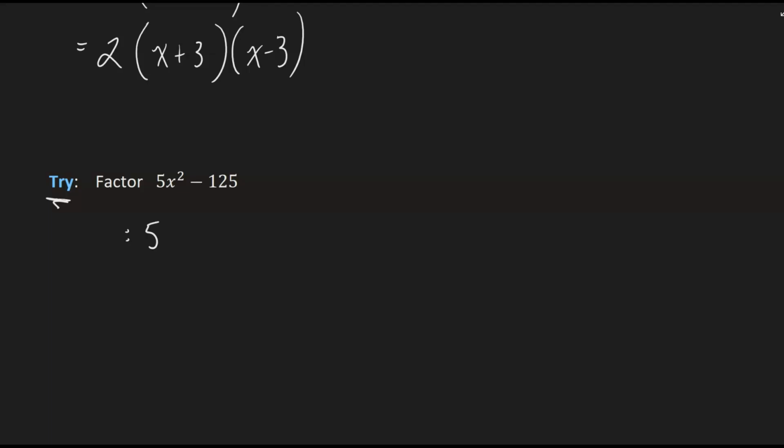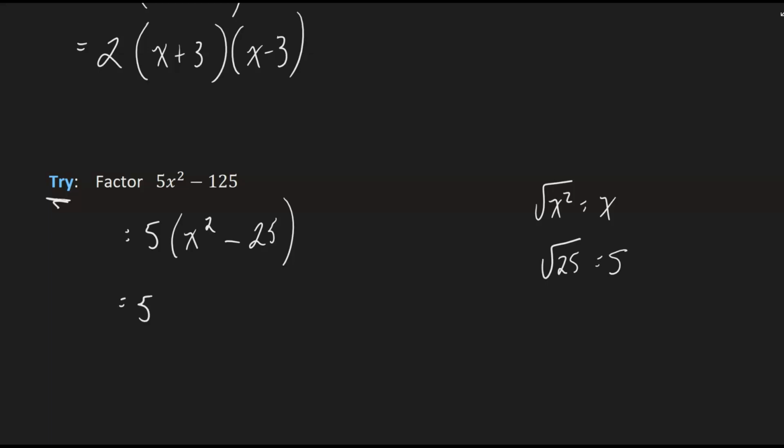The common factor is 5, leaving me with x squared minus 25. Now, the square root of x squared is x. The square root of 25 is 5. So this factors into 5 times x plus 5, x minus 5.